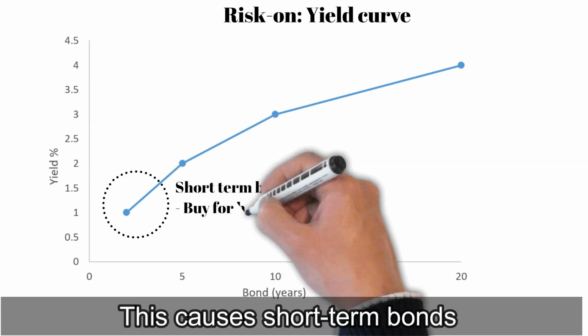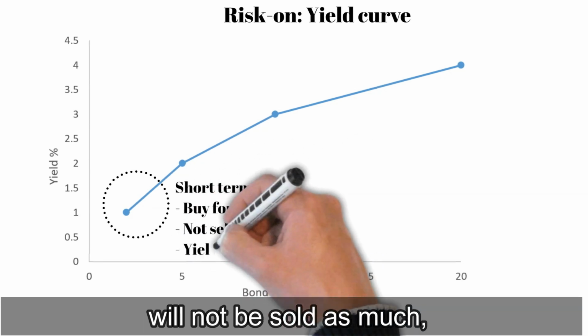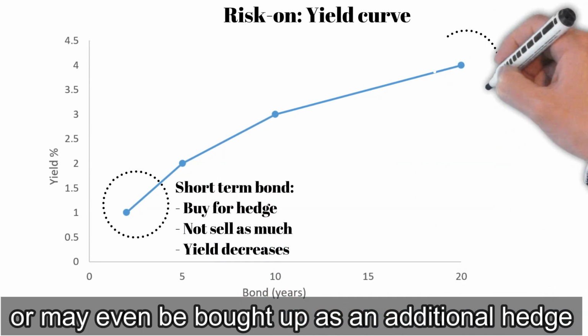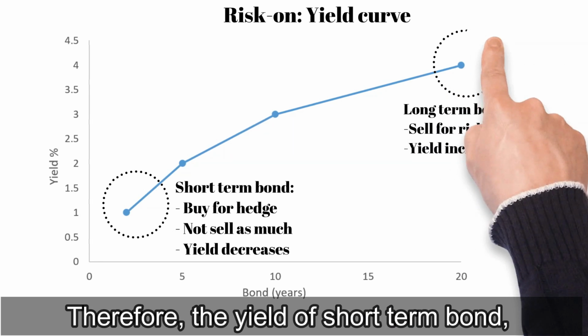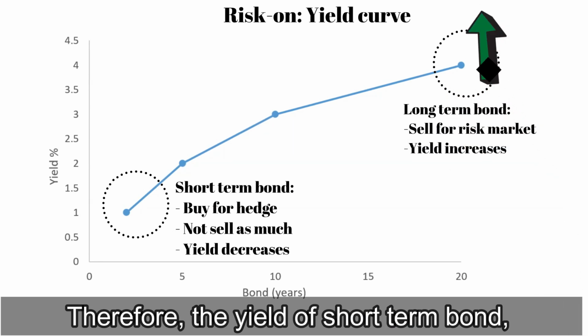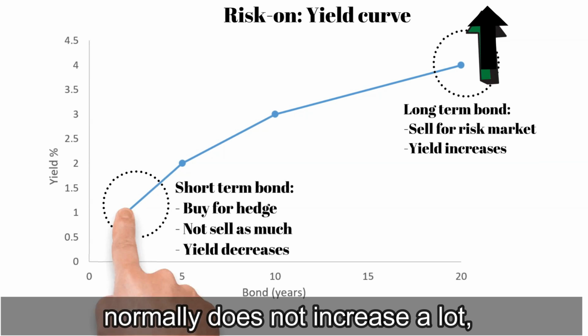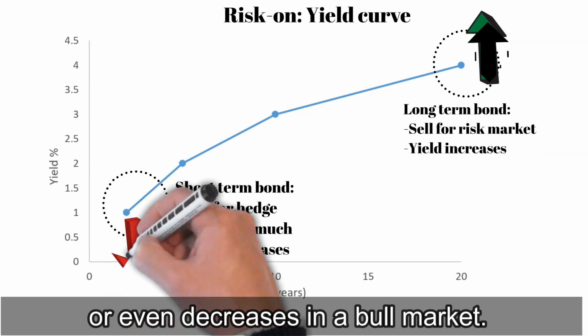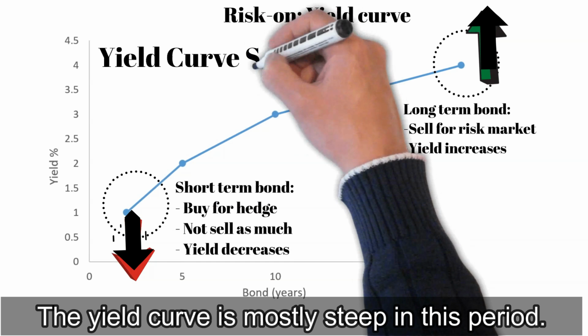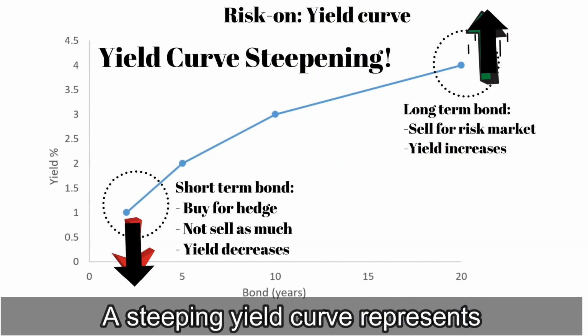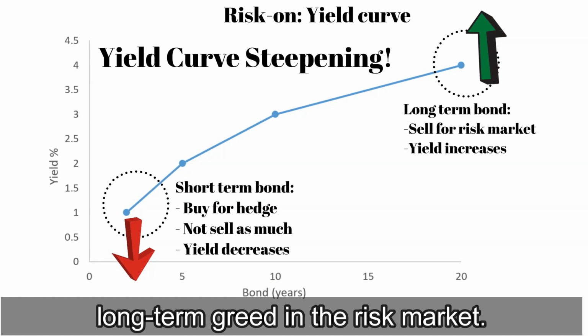This causes short-term bonds not to be sold as much or may even be bought as an additional hedge. Therefore, the yield of short-term bonds normally does not increase a lot or even decreases in the bull market. The yield curve is mostly steep in this period. A steepening yield curve represents long-term greed in the risk market.